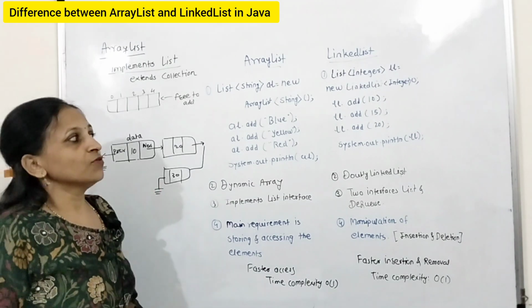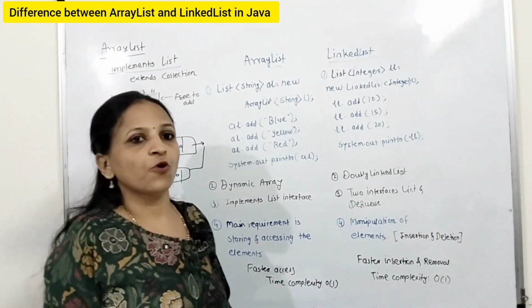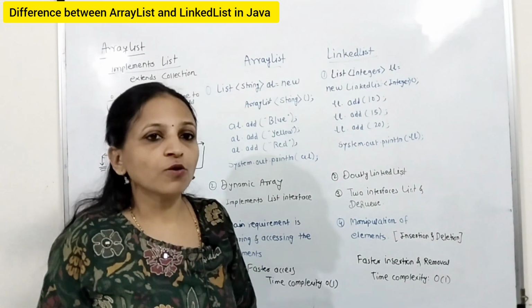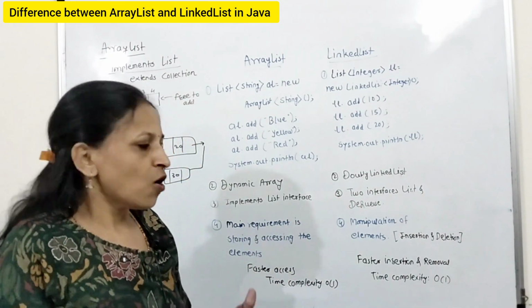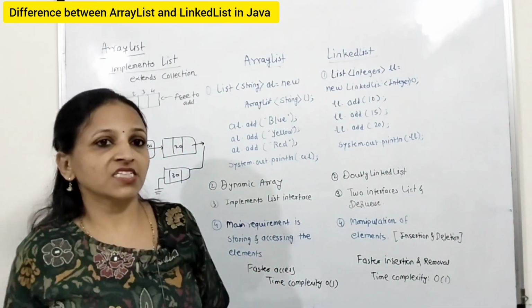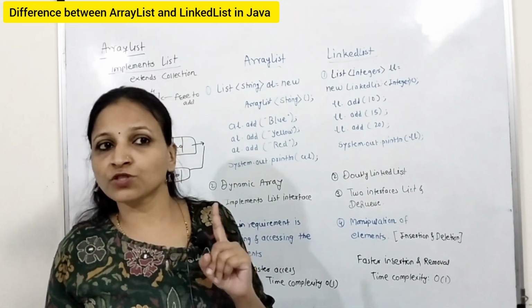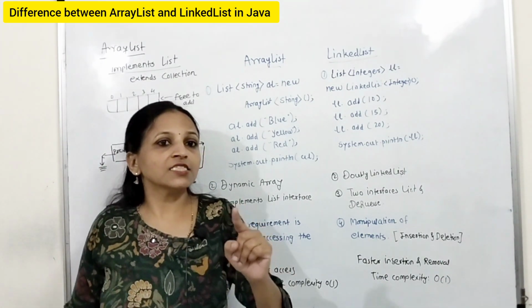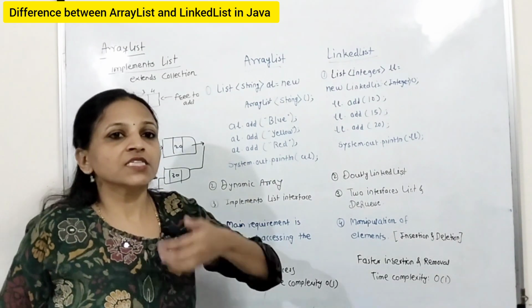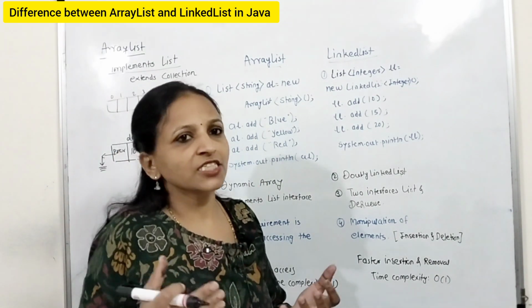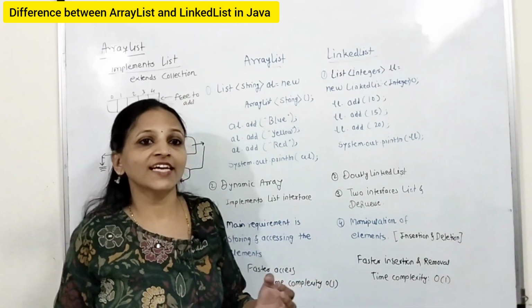Okay, now the next point, which is very much important. See, if your main objective is only to store the elements and traverse through the list, or access the elements, if random access is your main objective, then array list is the best choice. Getting? If you want to randomly access elements from the array list, it is very easy because it is based on index.